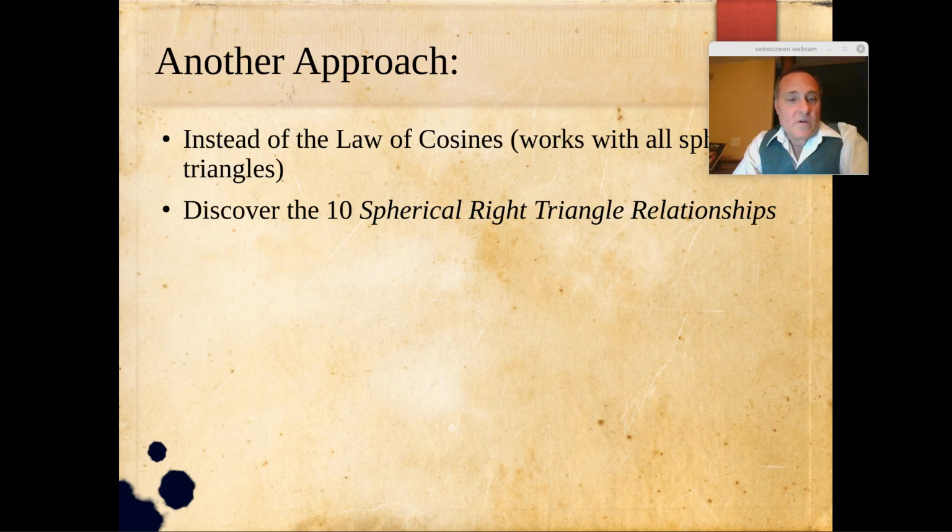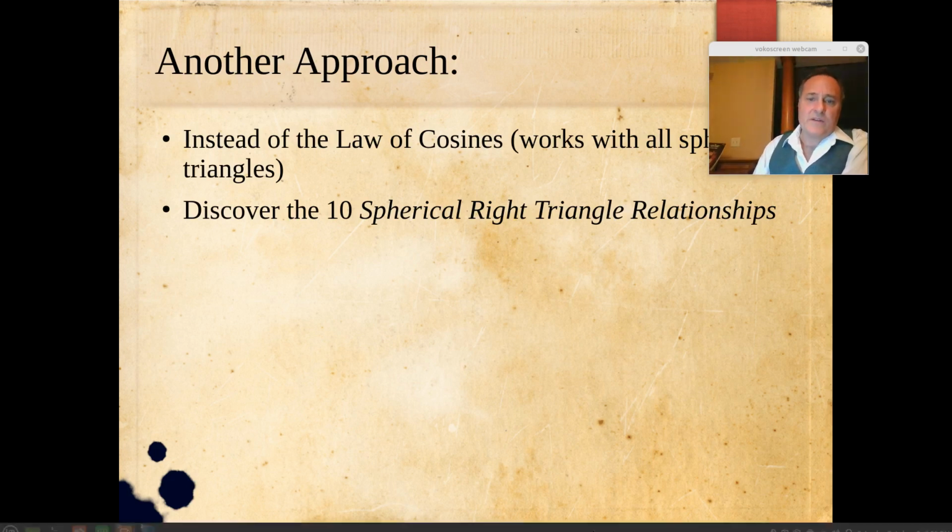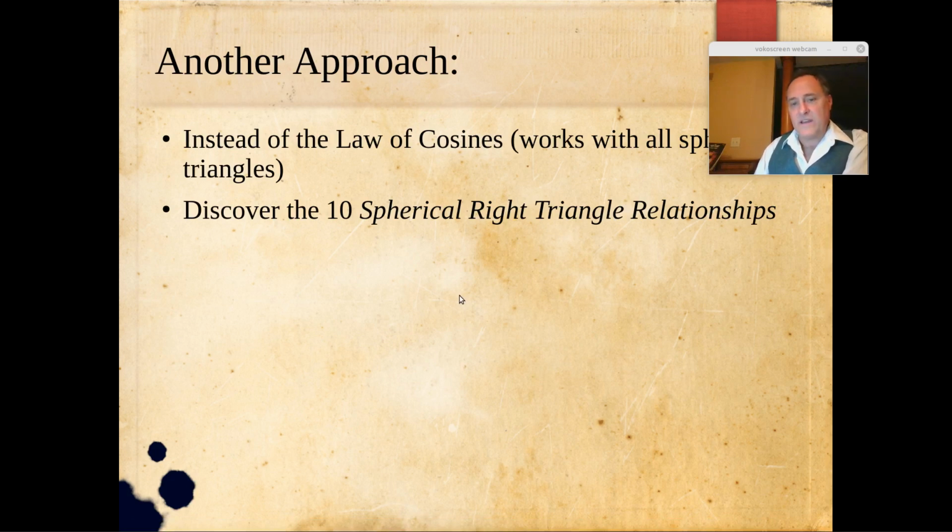But it only works on right triangles, and so we'll end up having to divide the spherical triangle into two triangles by cutting it in half, and then we will apply the right triangle relationships to solve for the values we need in another way.